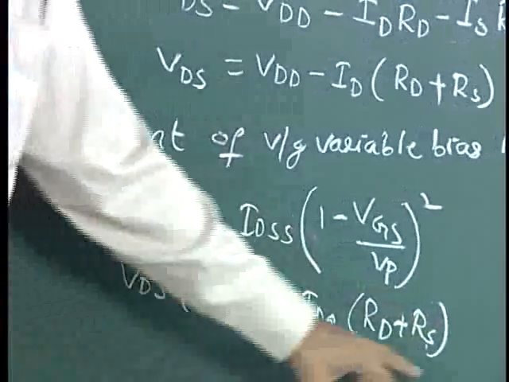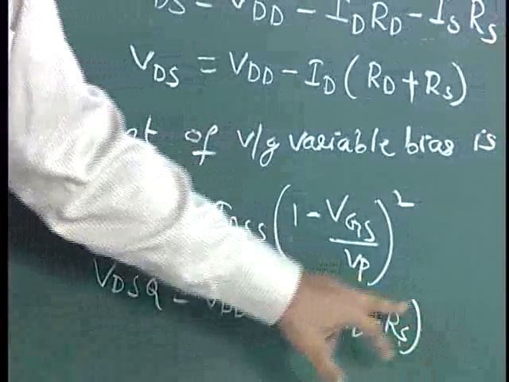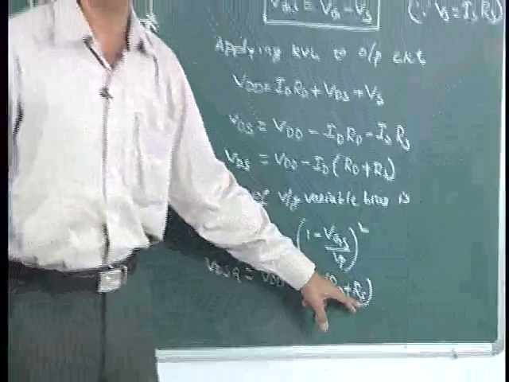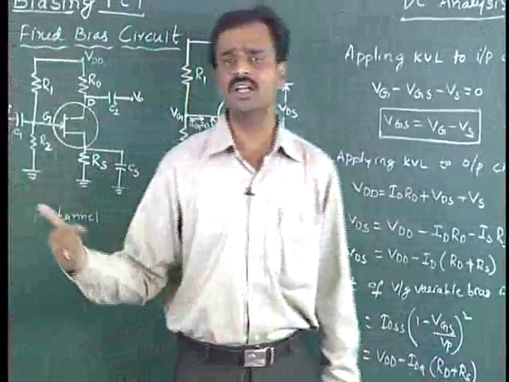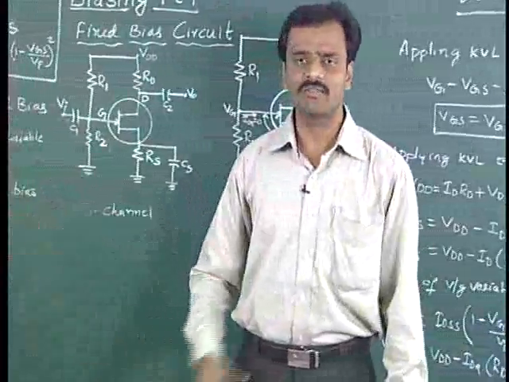Only the source resistance terms come into existence extra compared to the earlier technique. In a similar fashion we can analyze the circuit by self bias.